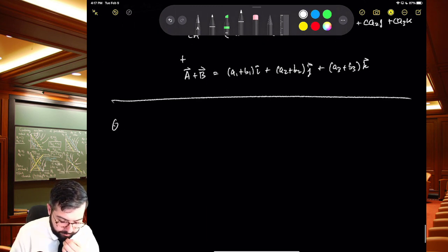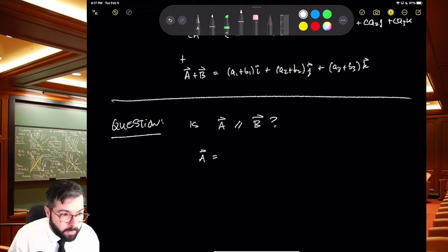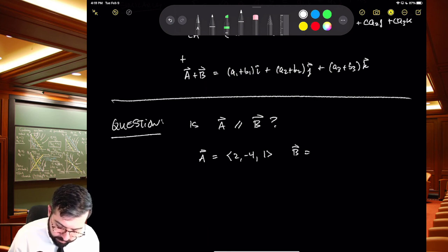Okay, here's a question. Show me if these two vectors are parallel or not. If A is 2, -4, 1, and B is -6, 12, -3.